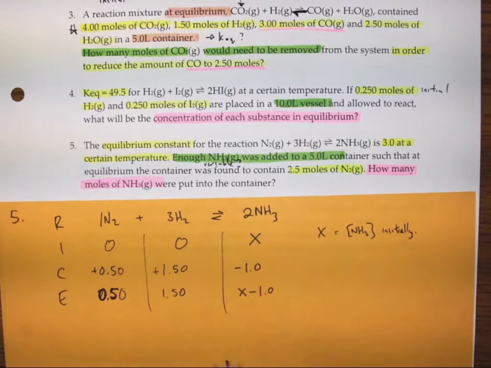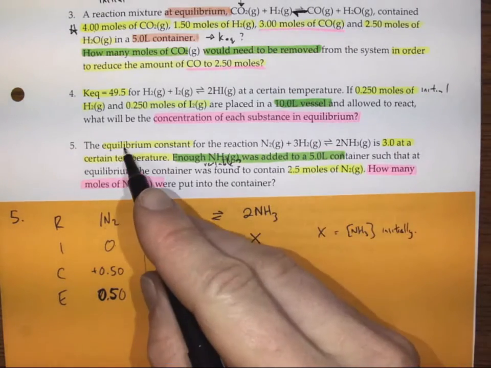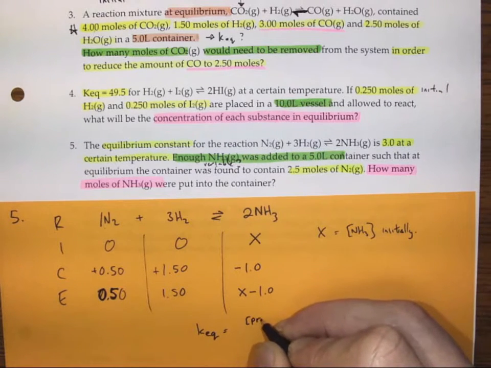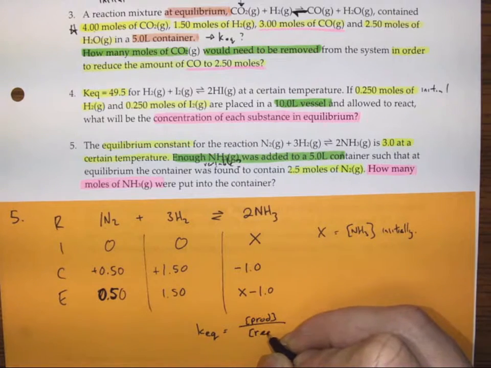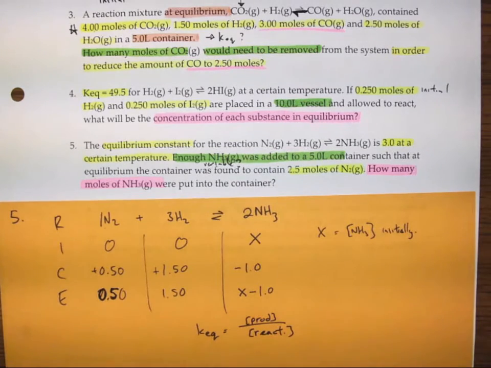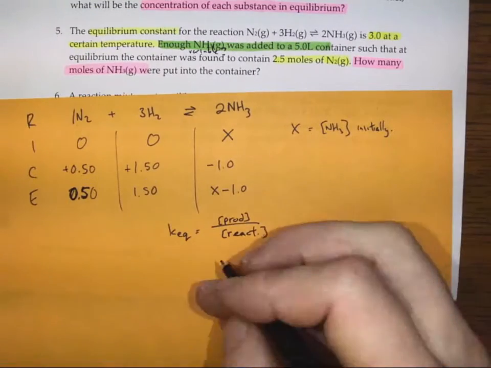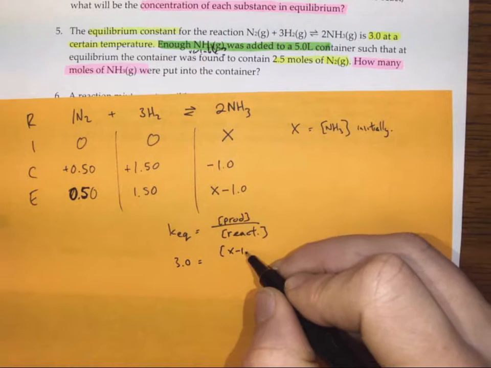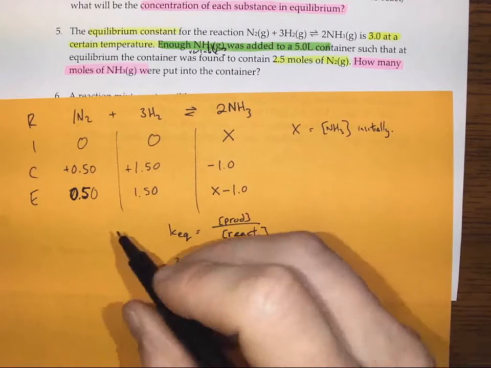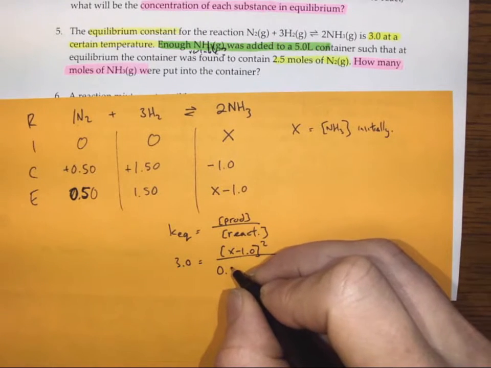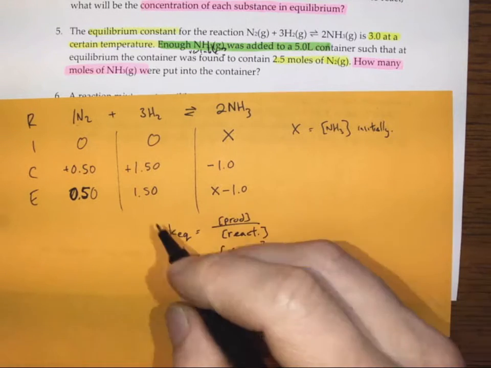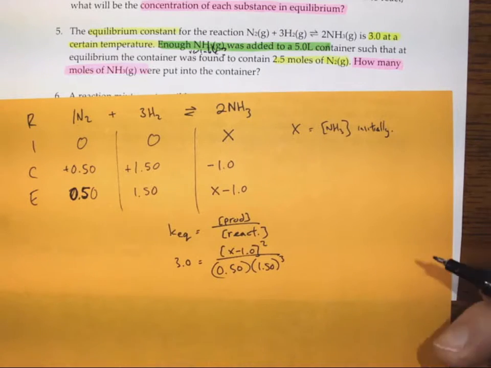Okay, I know all my equilibrium concentrations. I only have one variable because I know my equilibrium constant is 3.0, so I should be able to say my Q is my concentration of products over the concentration of my reactants. So I've got 3.0 is equal to the concentration of X minus 1.0 squared over 0.50 times 1.50 cubed, because it's raised to the power of 3.